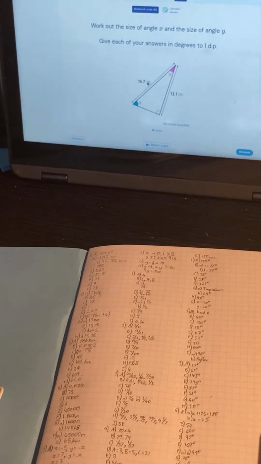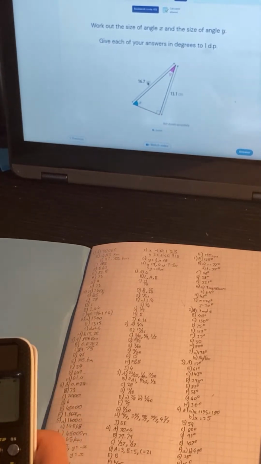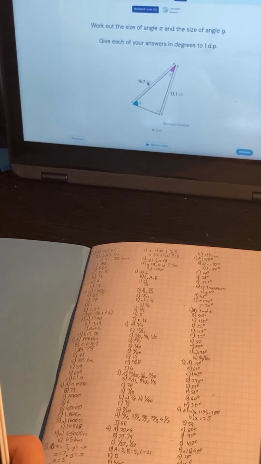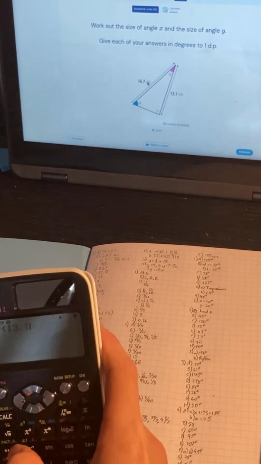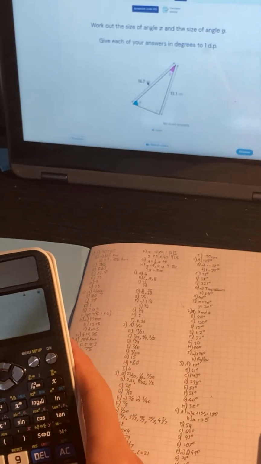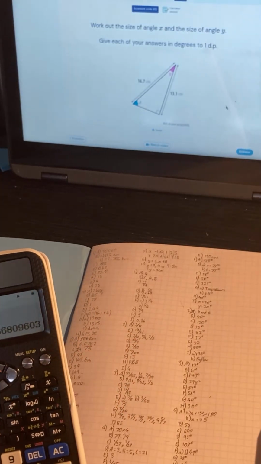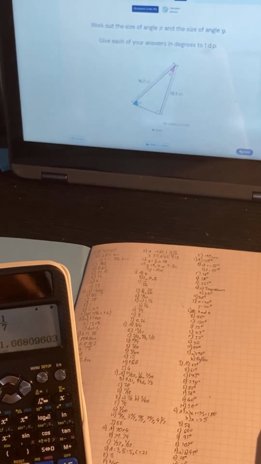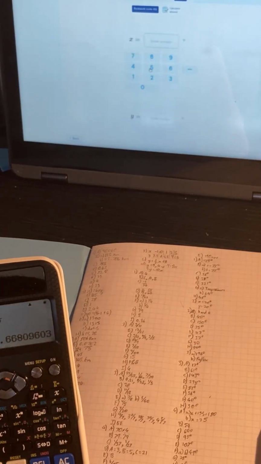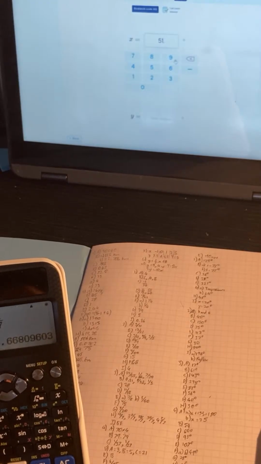Opposite hypotenuse. Let's do opposite hypotenuse first. We're trying to figure out the angle, so it's inverse. Opposite over hypotenuse. How many dp? I thought it was 1. Yep, I see. 51.7.